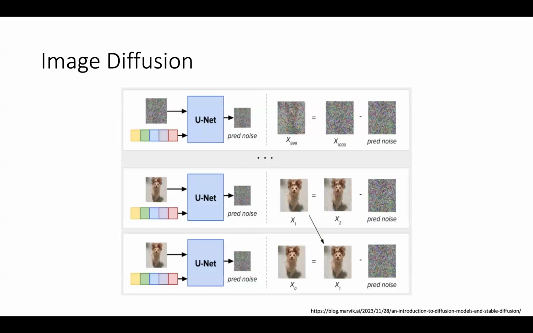So I'll go through a brief workflow of how exactly image diffusion works. We have an image noise and we have an embedding either from text or from an image. Let's say if you want to create a similar dog image, we can extract that relevant dog image as an embedding, and we can give that as an input.